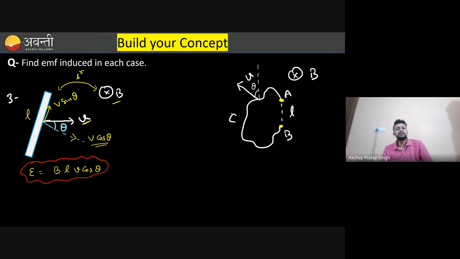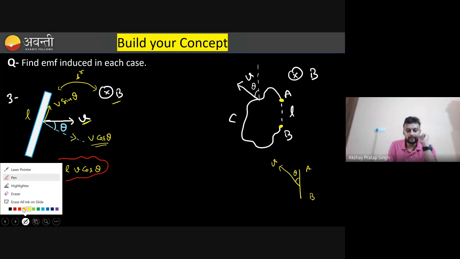Now, if I change the color of the pen and start writing with yellow again, you can transform this ACB wire like this. This is the AB wire, and the velocity is this one at an angle theta. So you can simply transform the irregular shaped wire with L effective.